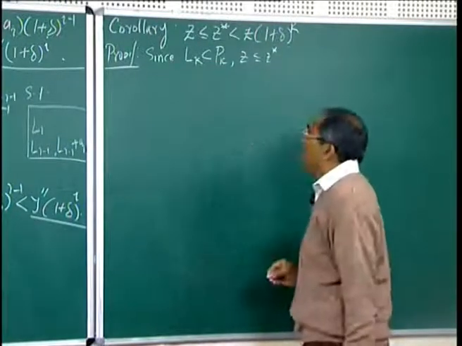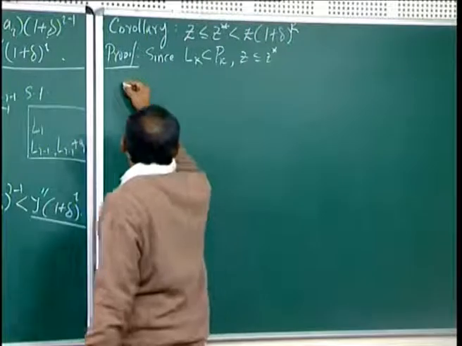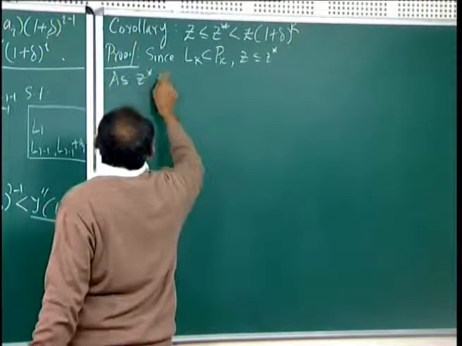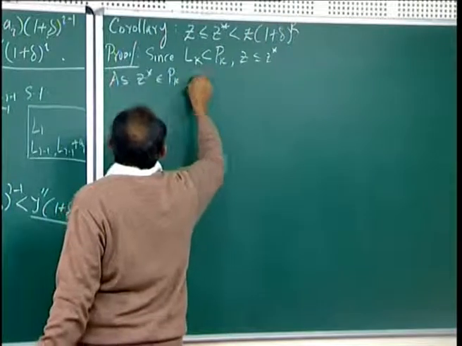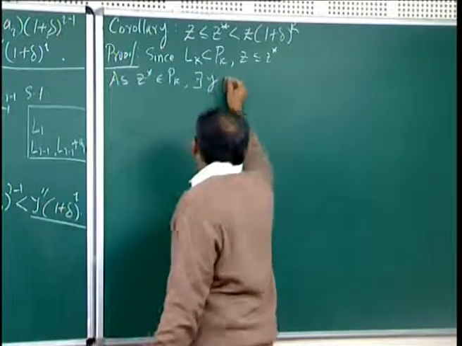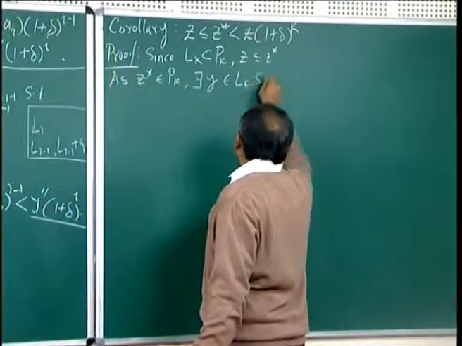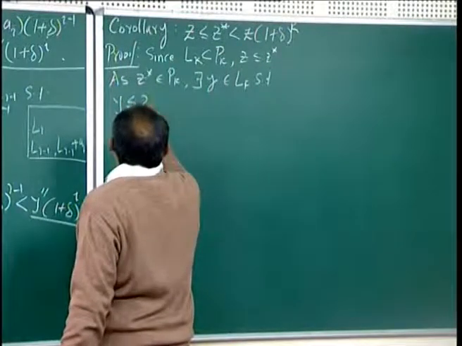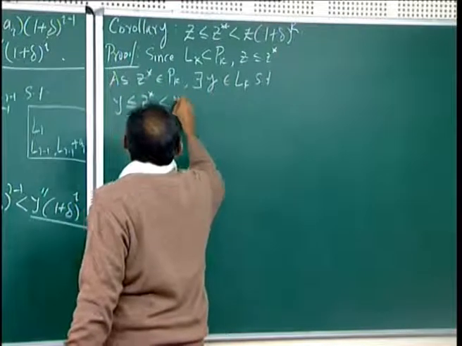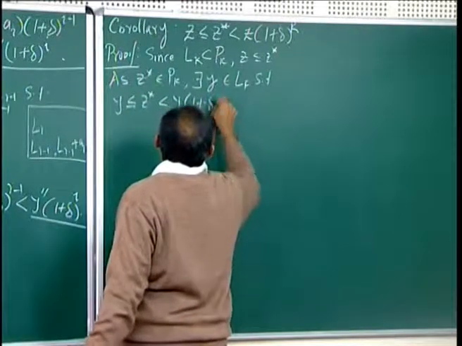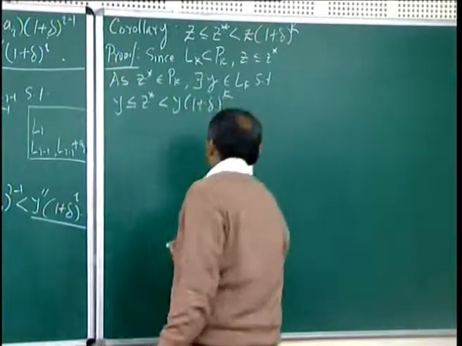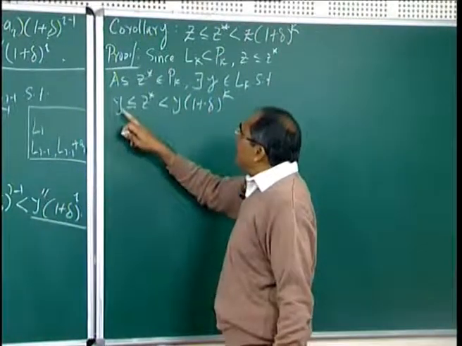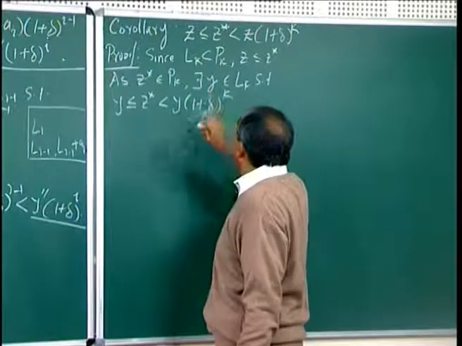This is trivial. Now, from our result that we have derived, as Z star belongs to Pk, there exists a y in Lk such that y is less than or equal to Z star, less than or equal to y times 1 plus delta power k. And Z is the largest element of Lk.